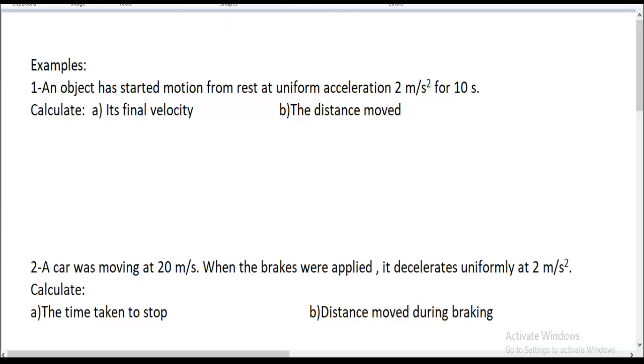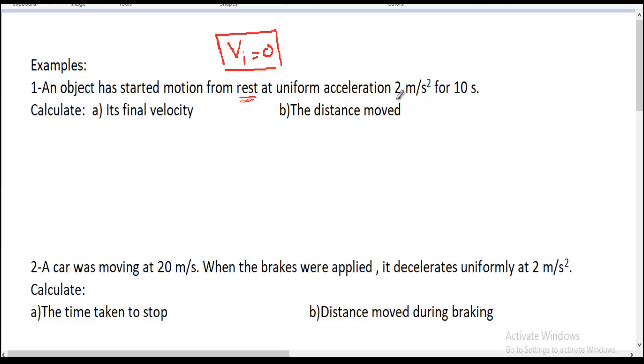Here we have some examples. First of all, you have to read the problem very carefully. Then you have to determine the unknown and the given. An object has started motion from rest. If you have a body that started motion from rest, the initial velocity is 0 because you were starting from nothing, from rest, so Vi equals 0.